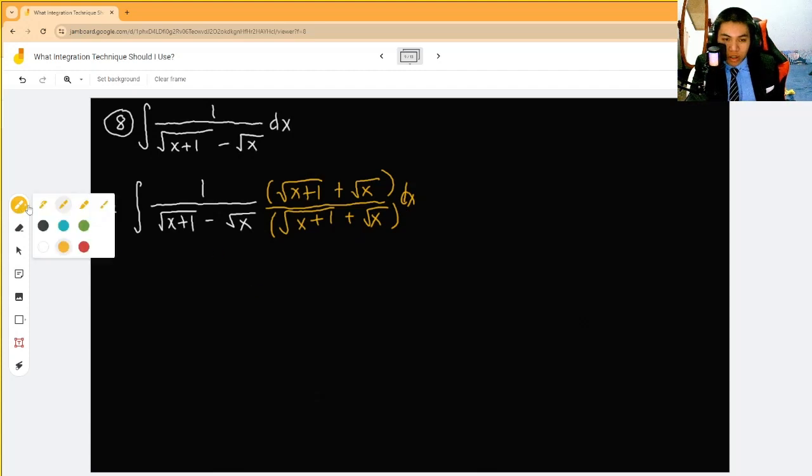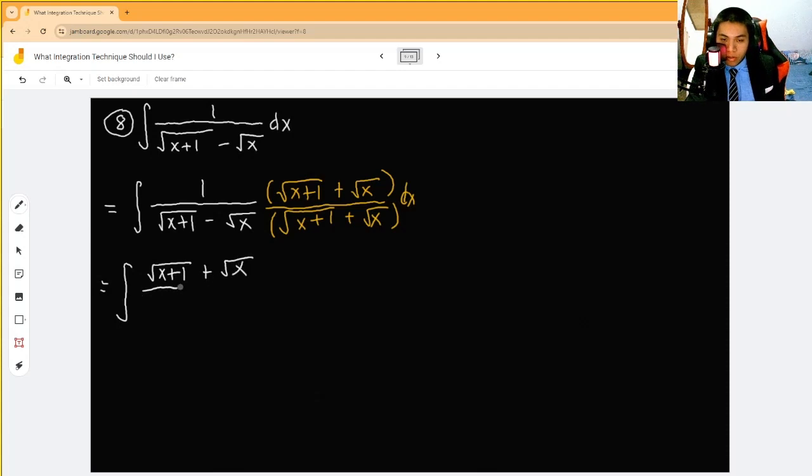so when we multiply this by the conjugate, the square roots here will just be cancelled, and then we retain this here. So we have the integral of the square root of x plus 1 plus the square root of x over x plus 1 minus x.